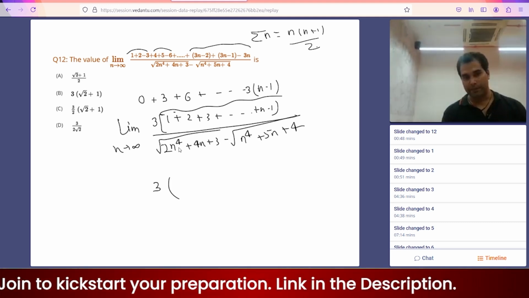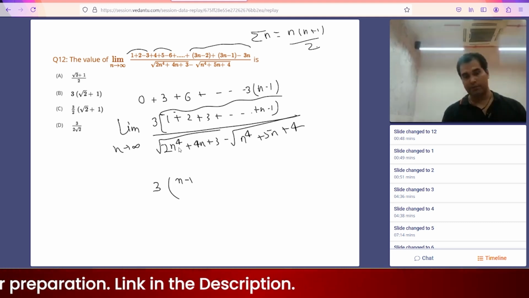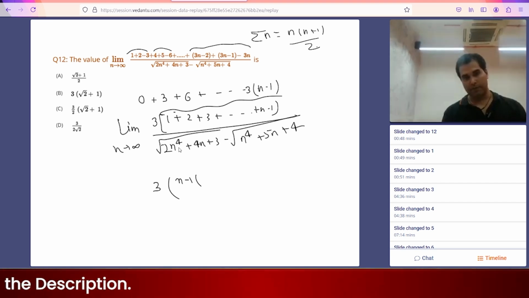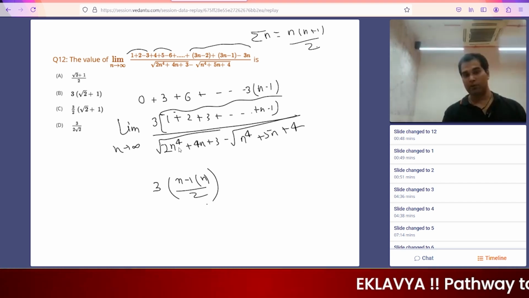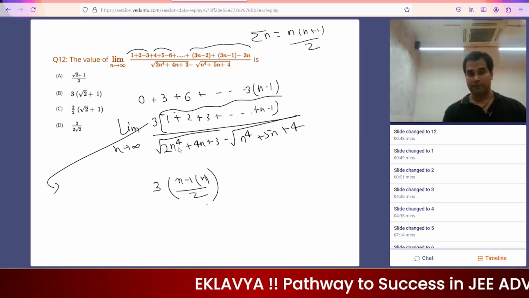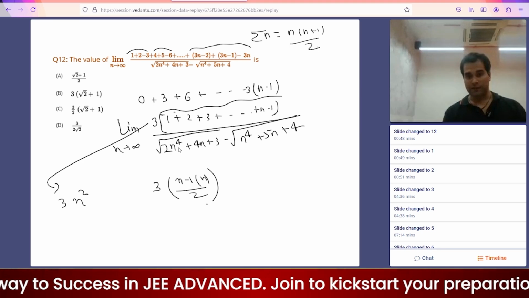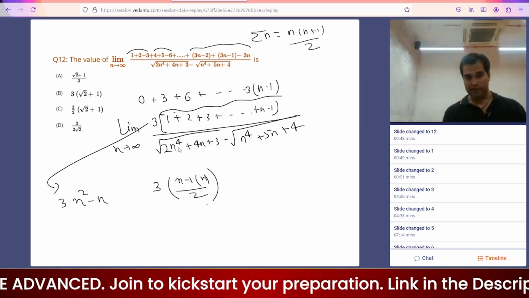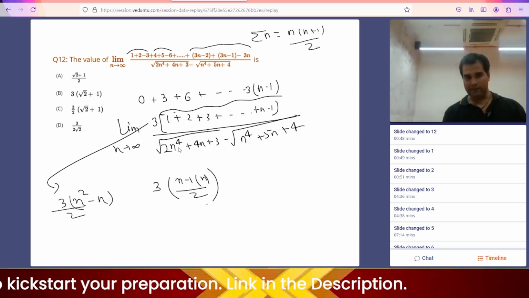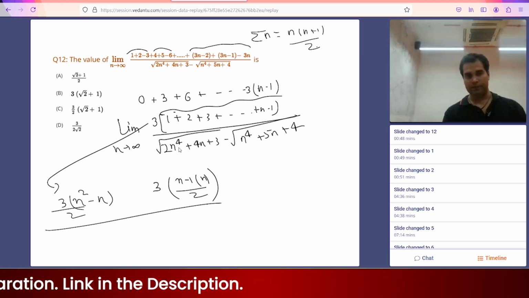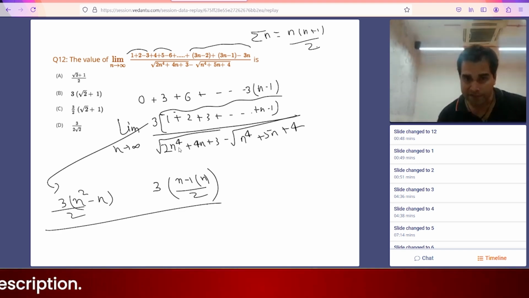Here the number of terms is n minus 1, so n minus 1 times n divided by 2. This expression is written as 3 times (n square minus n) by 2, and here the denominator degree is 2.